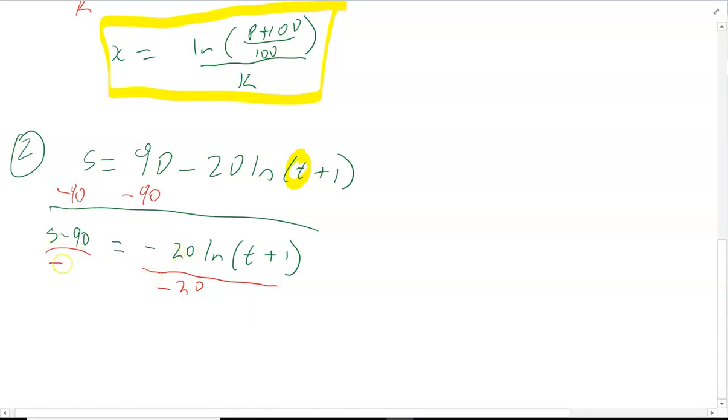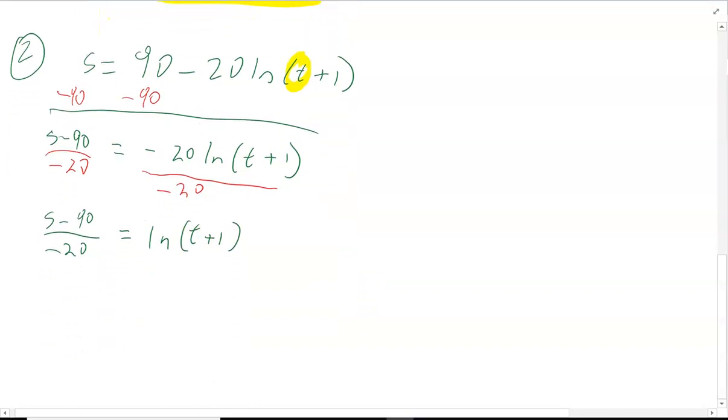And so what we have then is s minus 90 over negative 20 is equal to ln of t plus 1. Because we have an ln of t plus 1, we want to apply the inverse operation, so we apply e to both sides, or exponentiate both sides.